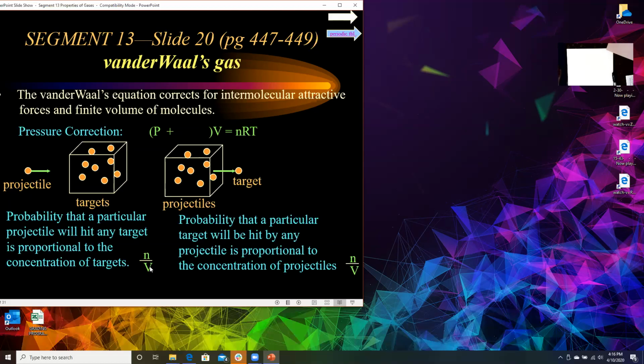So if the probability of a projectile hitting a target is N over V, and the probability of targets hitting projectiles is N over V, then the probability of a collision is the product of the two probabilities, N squared over V squared. Okay, so now I've got my correction term that I can add to the pressure part. This will take care of the fact that molecules have forces between them. Remember, forces between molecules is what causes them to collide with each other.